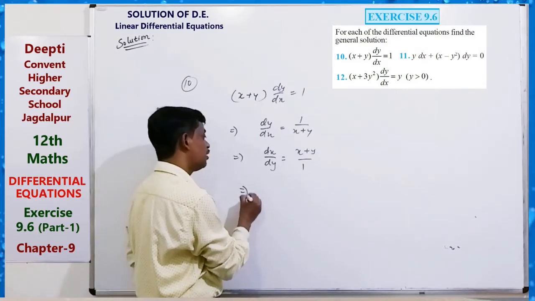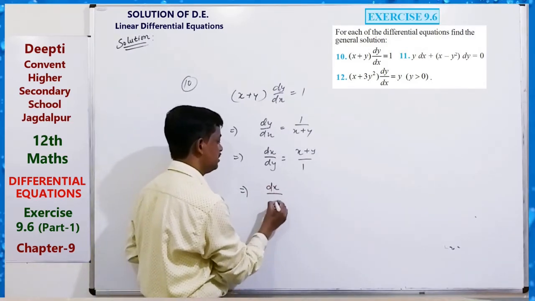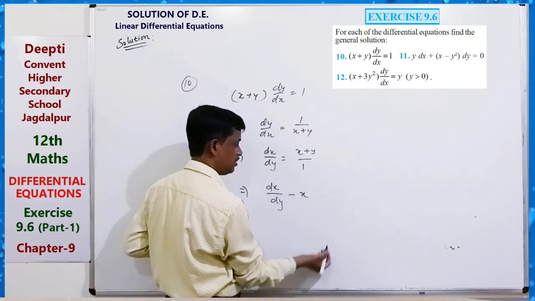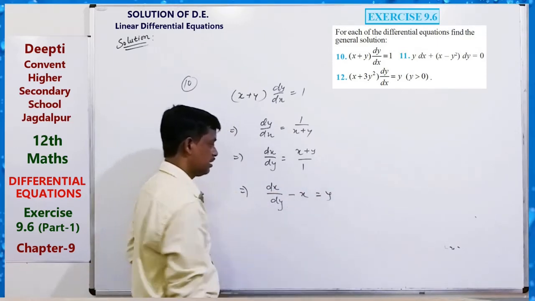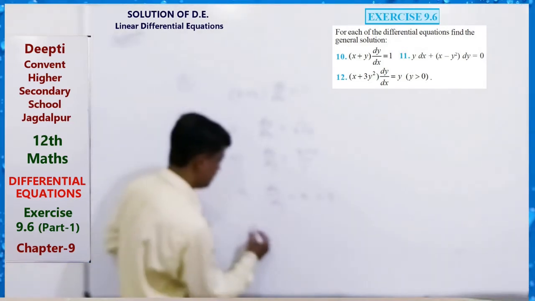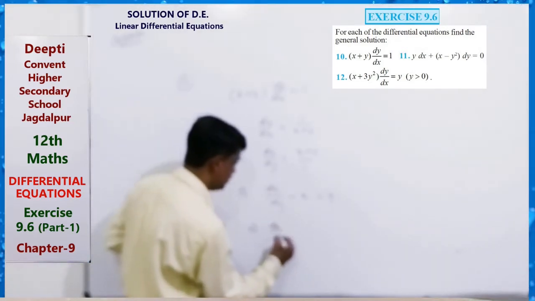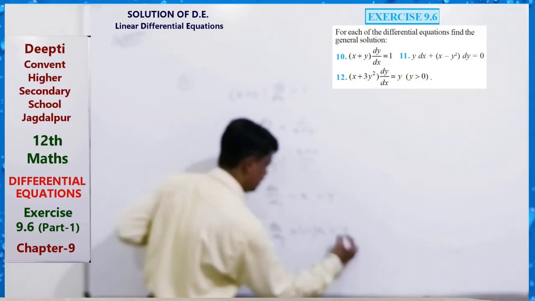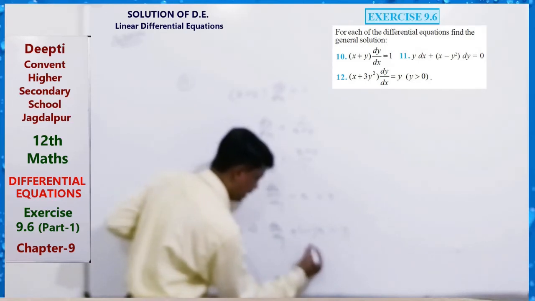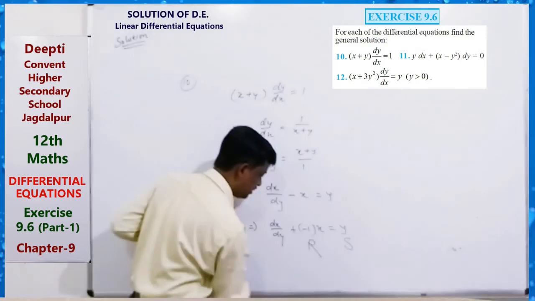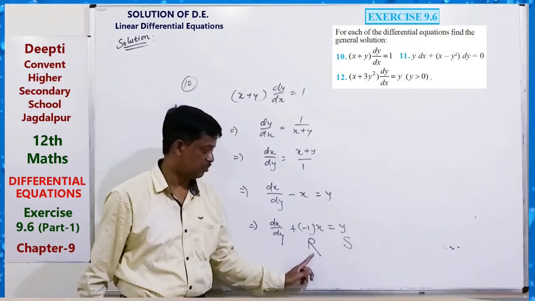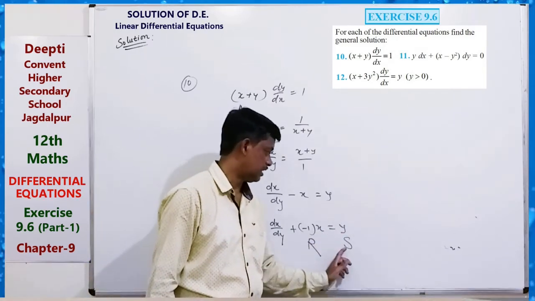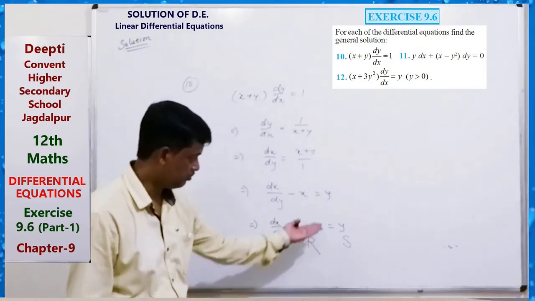Now this is another form of linear equation: dx by dy minus x equals y. So this is dx upon dy plus (minus 1) into x equals y. Here this is R and this is S; R is a function of y, minus 1 can be taken as a function of y, and S is a function of y.